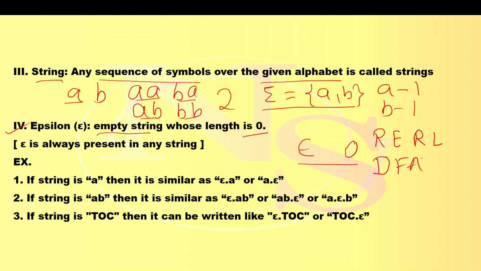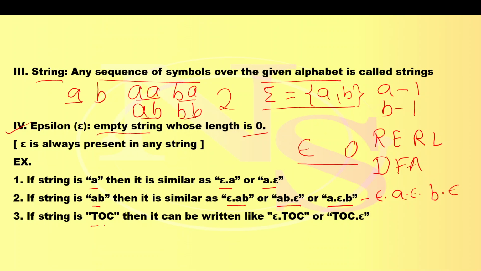Let me explain a few more examples of epsilon. If the string is A, then it is the same as epsilon dot A or A dot epsilon. If the string is AB, it is the same as epsilon dot AB, or AB dot epsilon, or epsilon in between. We can also write this AB like this: before A, empty string epsilon; in between A and B, empty string epsilon; after B, empty string epsilon.